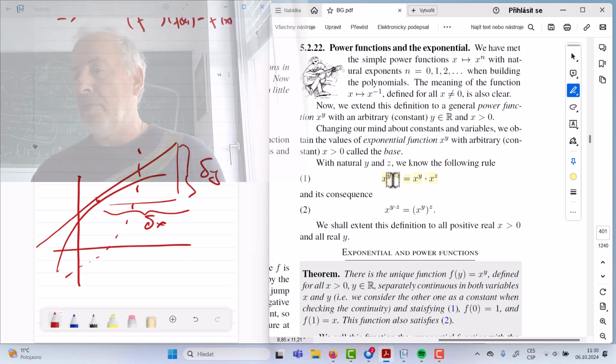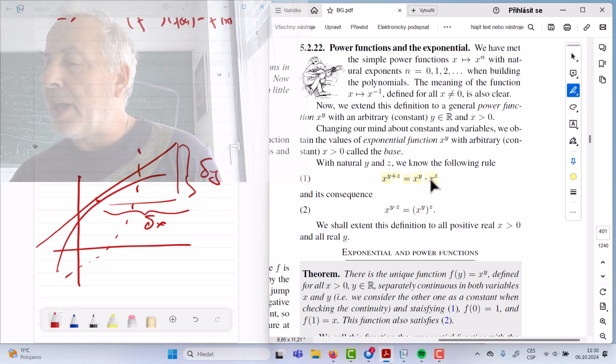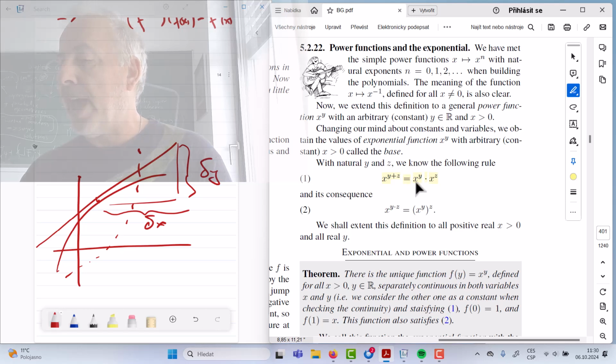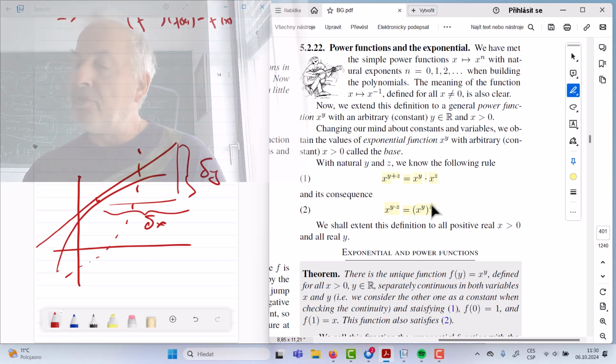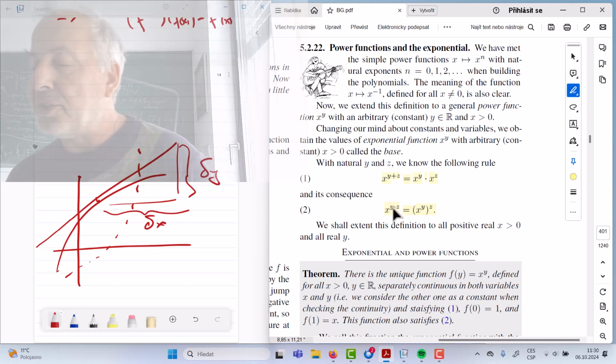If y and z are natural numbers, then directly from the definition of multiplication and of power functions, we know that x to y must behave this way: this is x multiplied y times, this is x multiplied z times. That's the rule, and therefore there is a straightforward consequence again for real x and natural y and z.